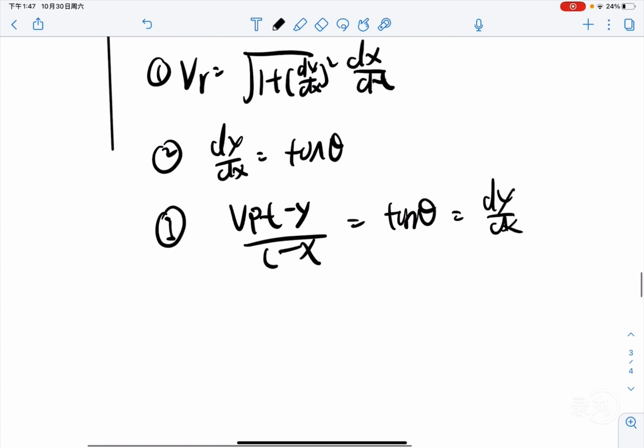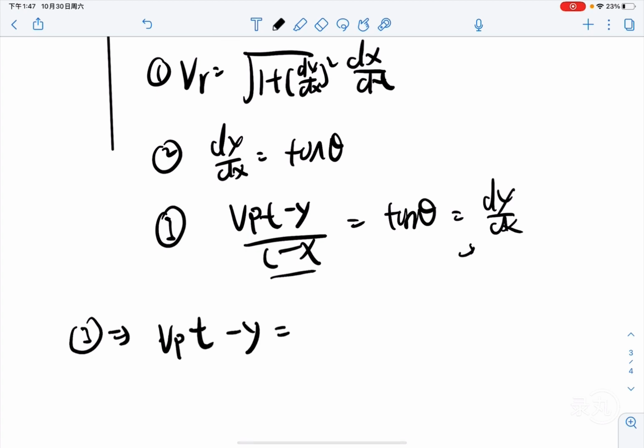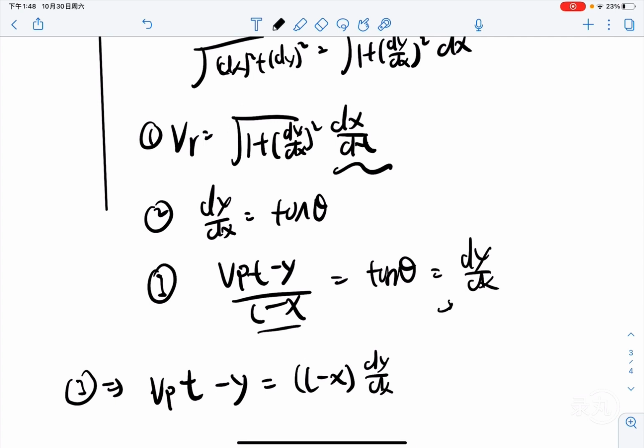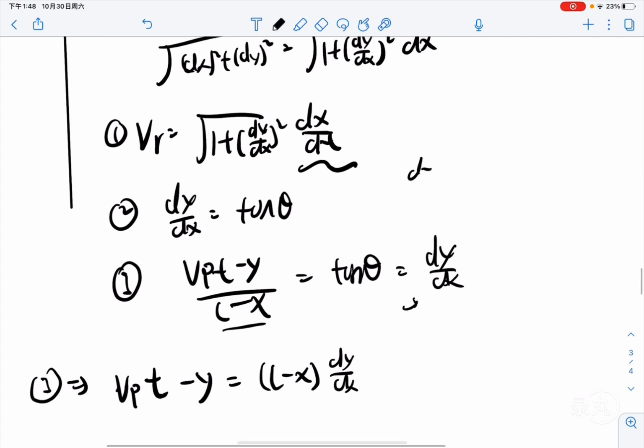So now from the third equation, if we move this to that side, we have vp t minus y is equal to (L minus x) dy/dx. And we want to get something about dt/dx or dx/dt.